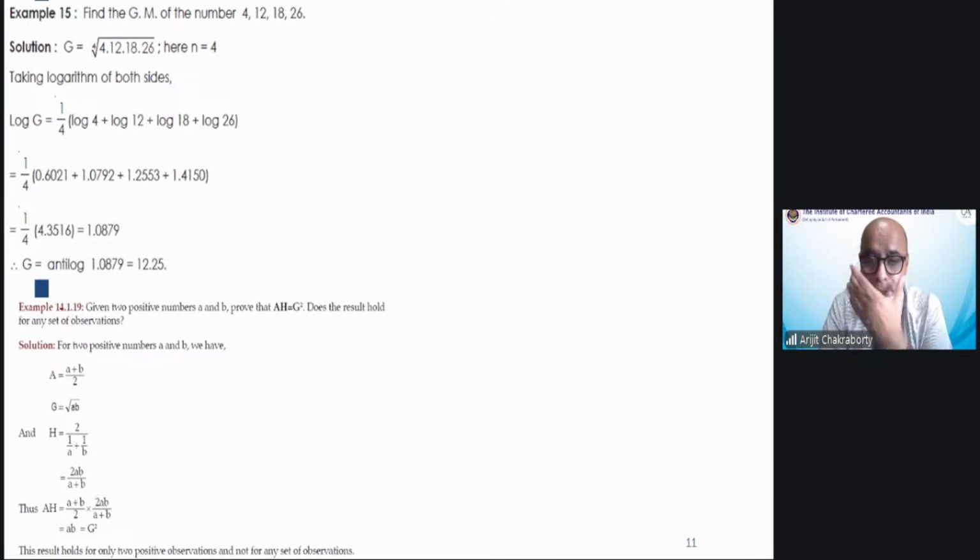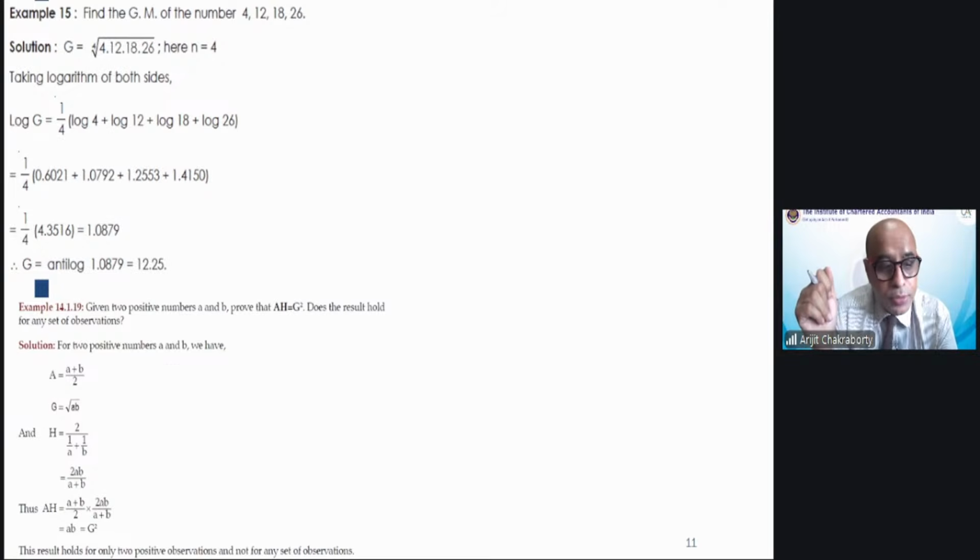So this is exactly what I was requesting you to note down, that only in case of two numbers, but these two numbers need to be positive. The relation of these two numbers is that the arithmetic mean of these two numbers, if you multiply it with the harmonic mean of these two numbers, you will get the square of the geometric mean of these two numbers.